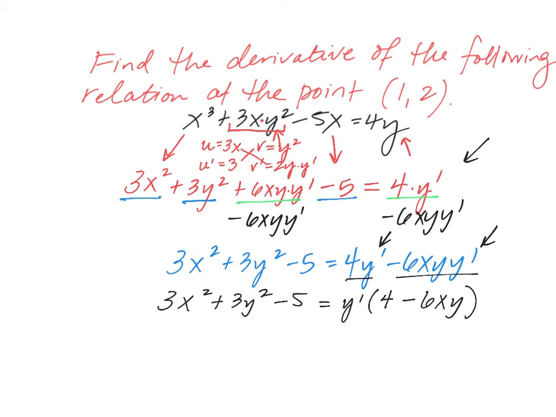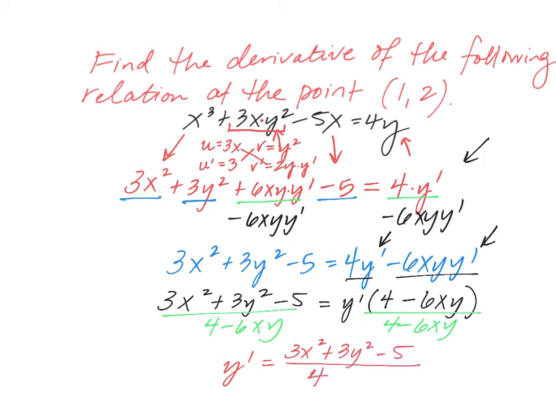So I can do that by dividing both sides by 4 minus 6xy, which gives me my final answer, which I will write in red. Y prime is equal to 3x squared plus 3y squared minus 5 divided by 4 minus 6xy.